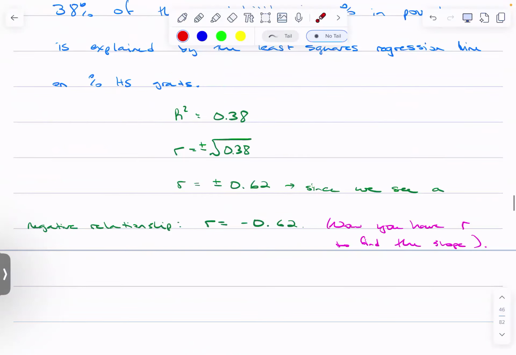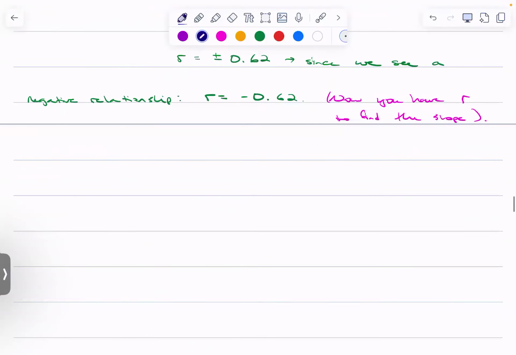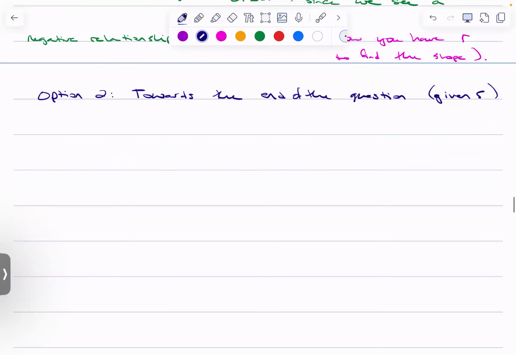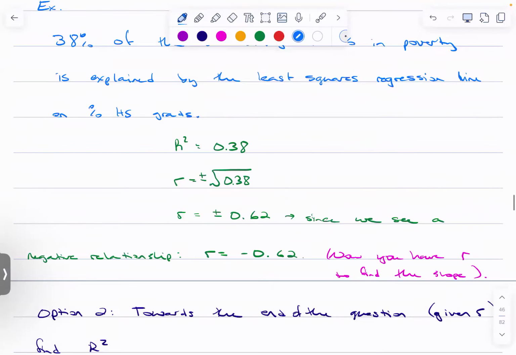So option 2, towards the end of the question, given the correlation in the question earlier on, find R squared.